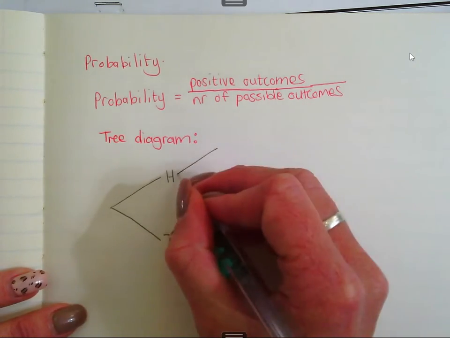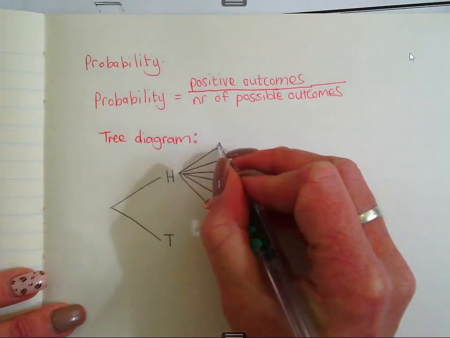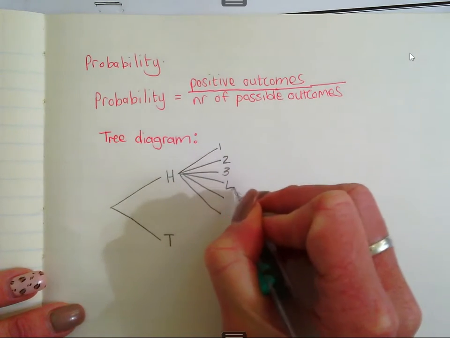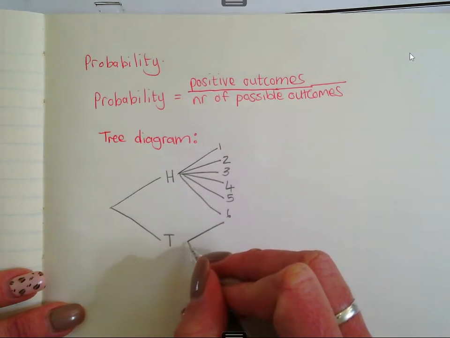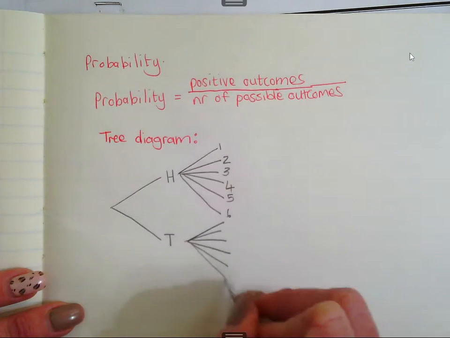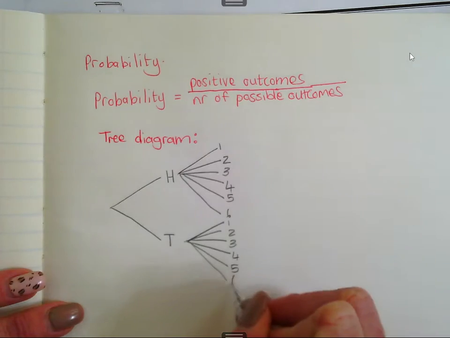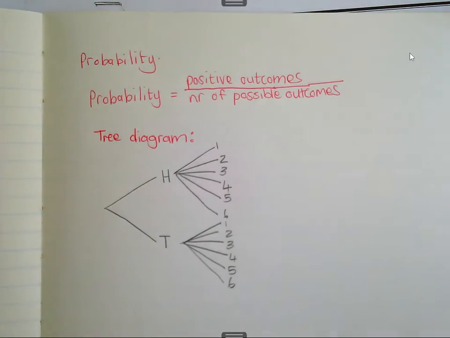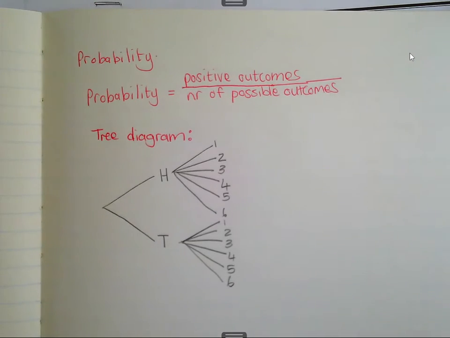So I've got 1, 2, 3, 4, 5, 6. It can be 1, 2, 3, 4, 5, 6. And if I got tails the first time, I still have 6 outcomes with the dice. It's 1, 2, 3, 4, 5, 6. And just so you know, the singular form for a dice is actually a die, D-I-E, like die.